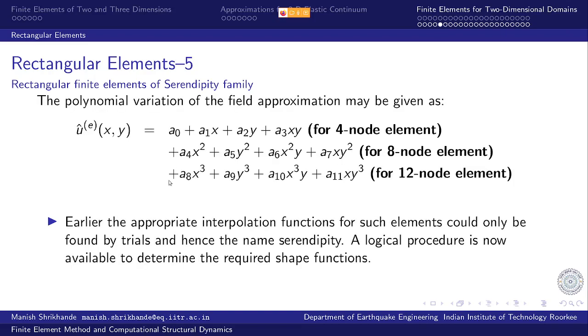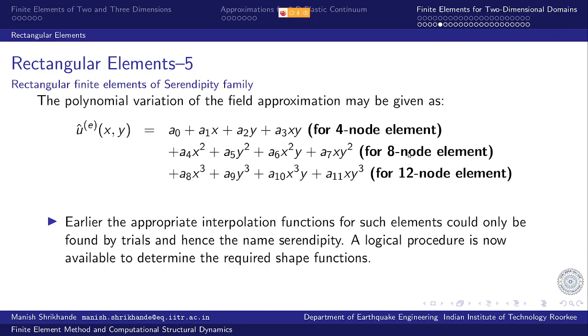So polynomial variation of the field approximation may be given again. Choose symmetric terms. For the 4-node rectangle, the Lagrange's and serendipity elements are the same. For the 8-node element, we stop at 2 cubic terms beyond the complete quadratic.